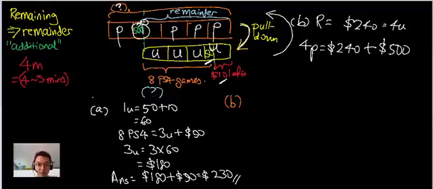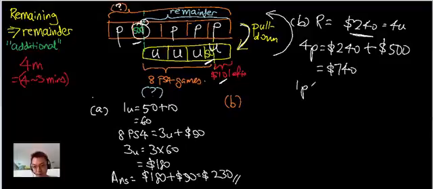as long as you understand that these four parts is made out of your remainder value, which is 240. 240 from here, and plus $500. So which is 740. Okay.